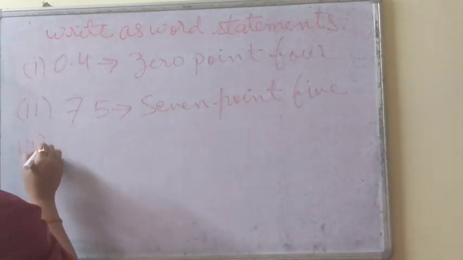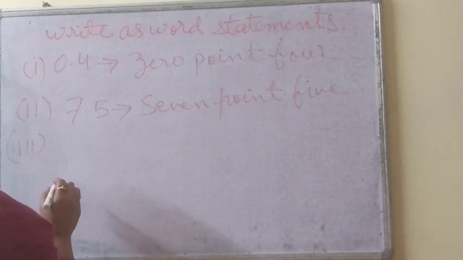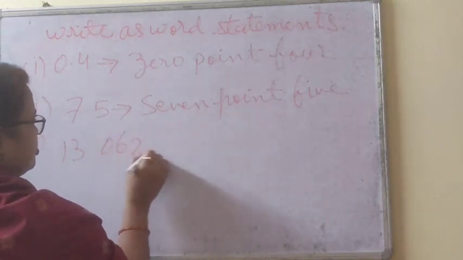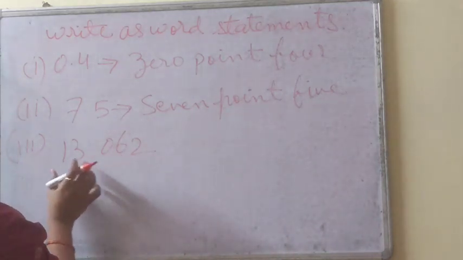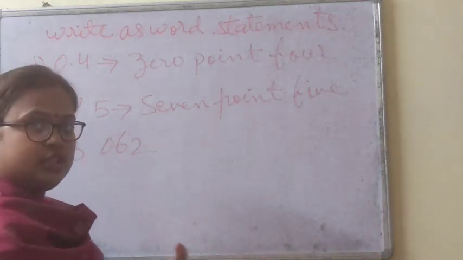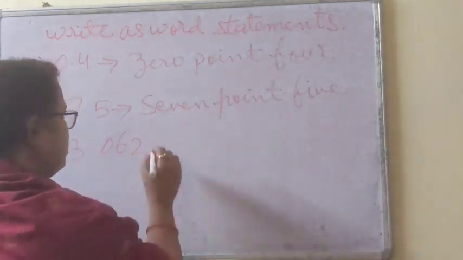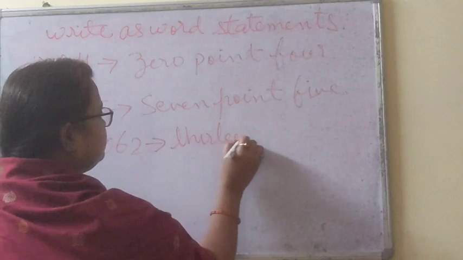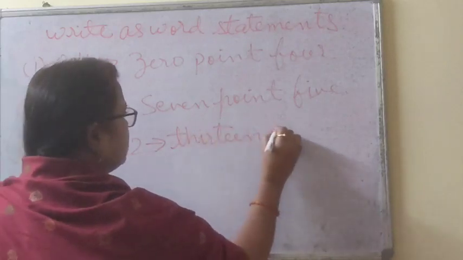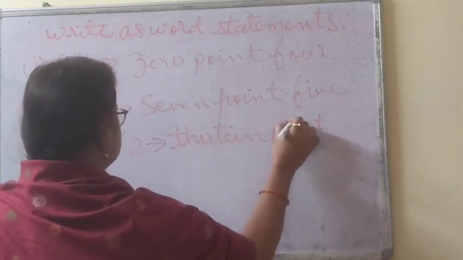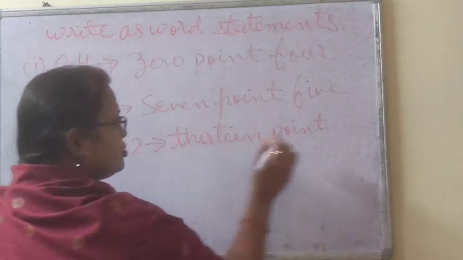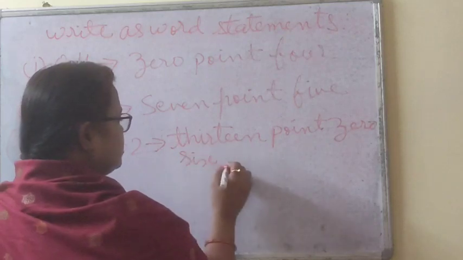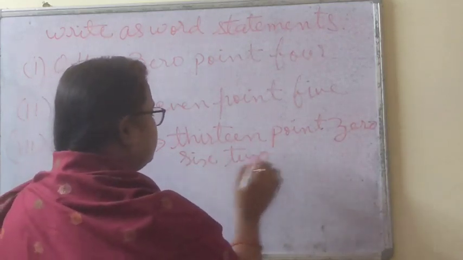Okay. Now the third one, like 13.062. So we don't read like 13.62. Clear? We don't read like this. So here we will write 13 point 0 6 2. Clear?